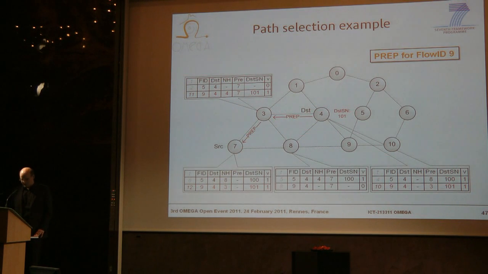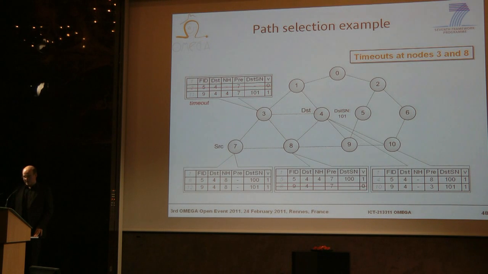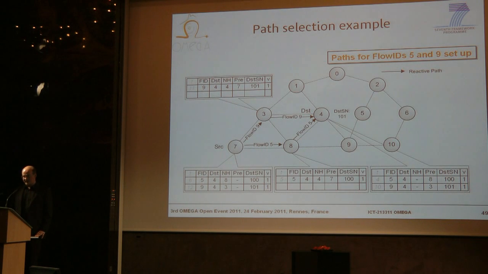So, path replies are back propagated to the source, and after a certain time, the entries in the path selection table, which are not set valid, expire and are deleted. And finally, we end up with two paths which are set up for flow IDs 5 and 9. So, this is the basic procedure.